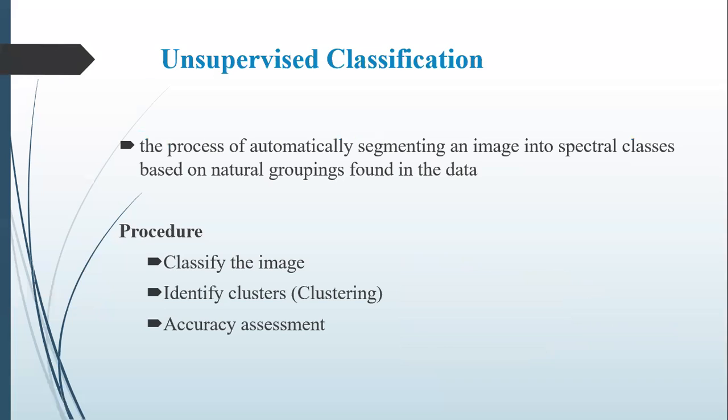What do you mean by unsupervised classification and supervised classification? See, the major difference: in unsupervised classification, we are just giving the image to the machine. We take the image on the hard drive, open it with the help of software, click the image classification window, drag the image to the classification window, and click unsupervised classification.